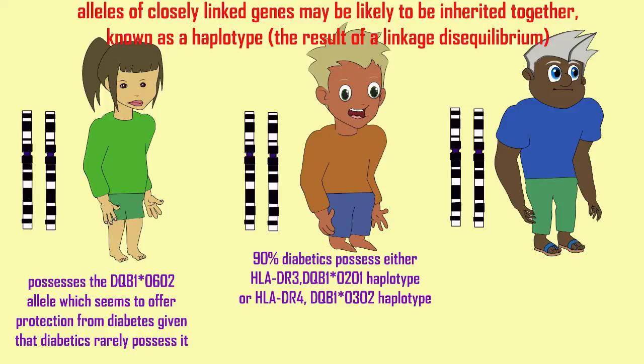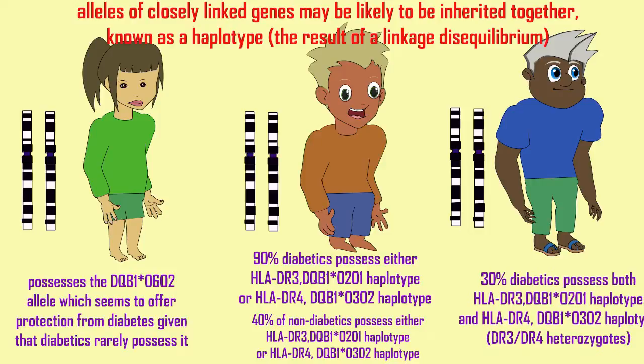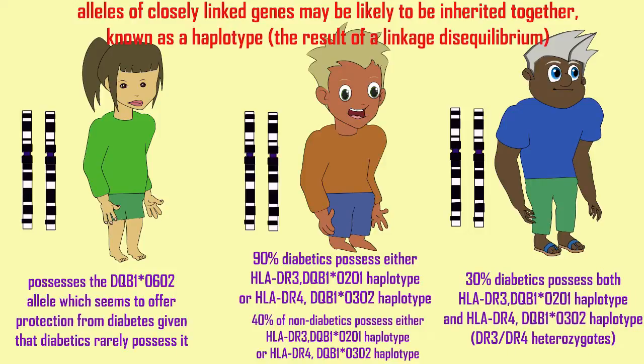Some alleles affect disease vulnerability. In the case of diabetes, there are alleles which offer protection from diabetes, given that diabetics rarely possess these alleles. There are 2 alleles which are associated with type 1 diabetes, with 90% of those who have it having either one or the other allele.